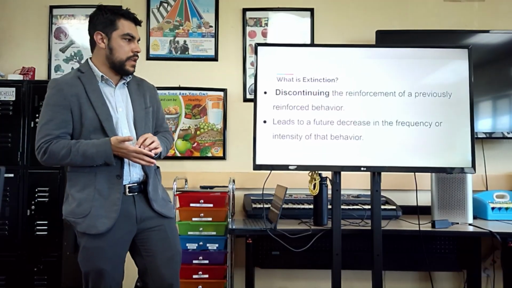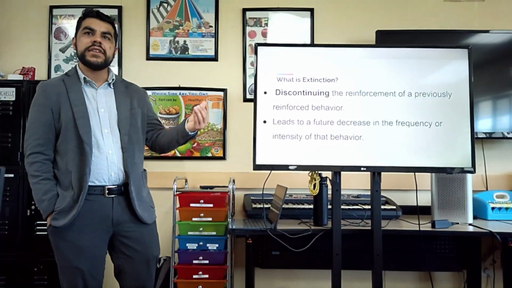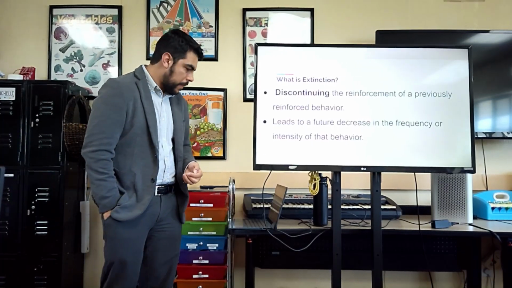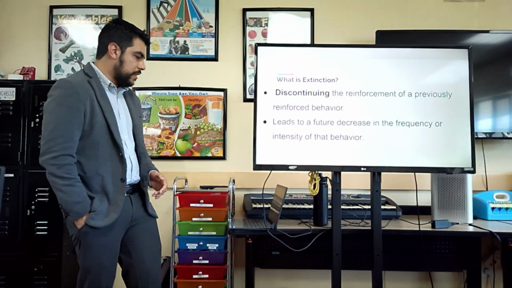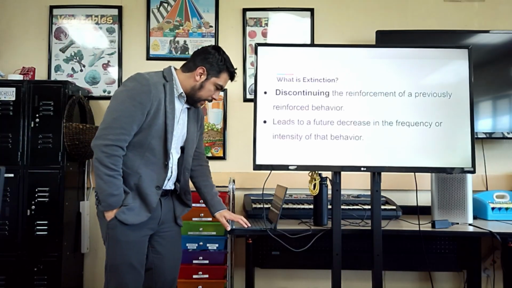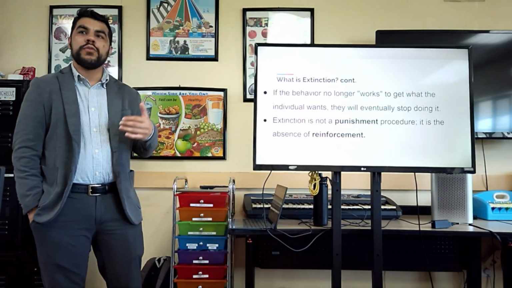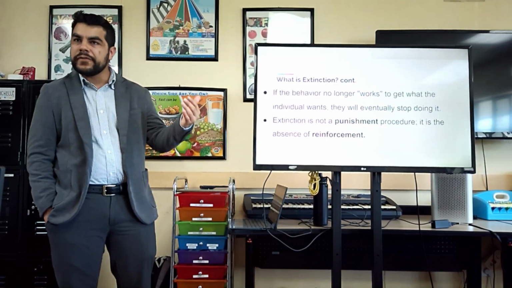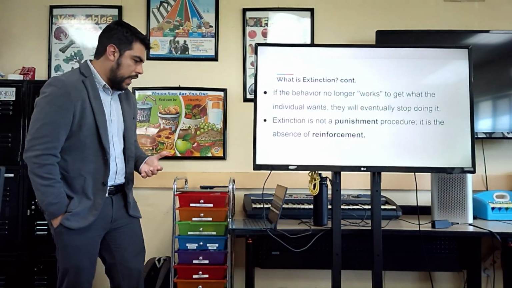And this does one particular thing that we're interested in: it decreases the occurrence of the behavior occurring again. So what happens? The behavior no longer works. Because it's no longer getting the reinforcement or the payoff, the individual eventually stops doing it.